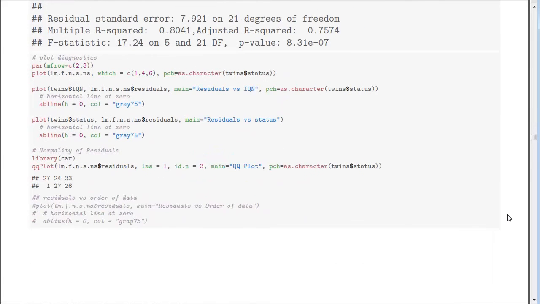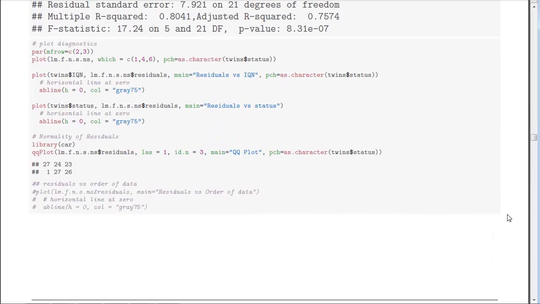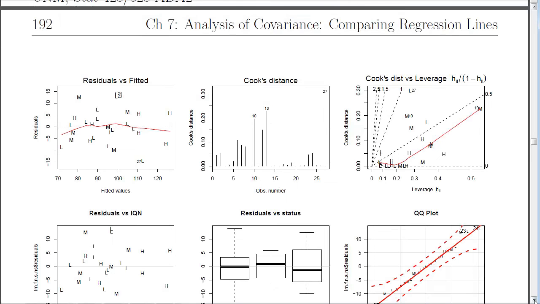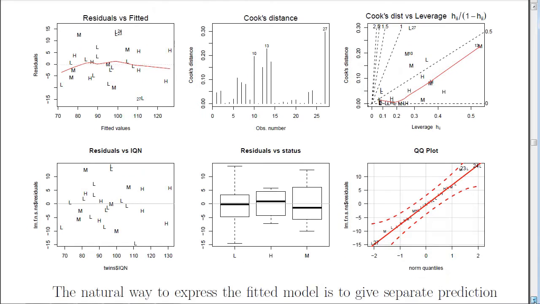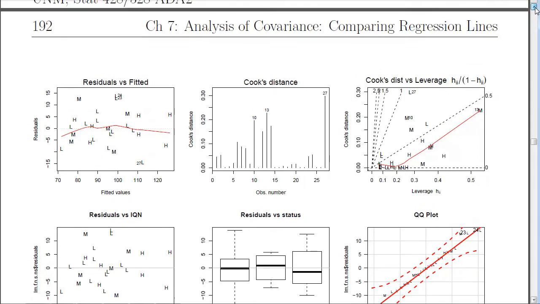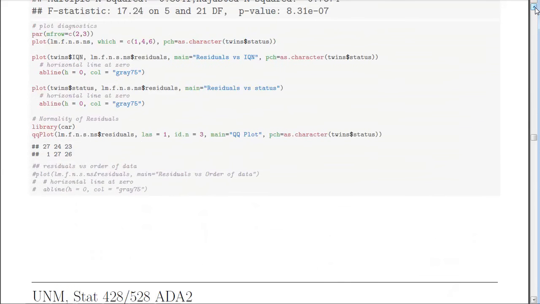All right, let's continue. So let's plot some diagnostics to see whether this model seems to fit or not. We have residual plots versus fitted that seem to have consistent spread for all 3 groups. And notice the L, M, and H's here for the plotting symbols. I've used as the plotting character the different status groups.